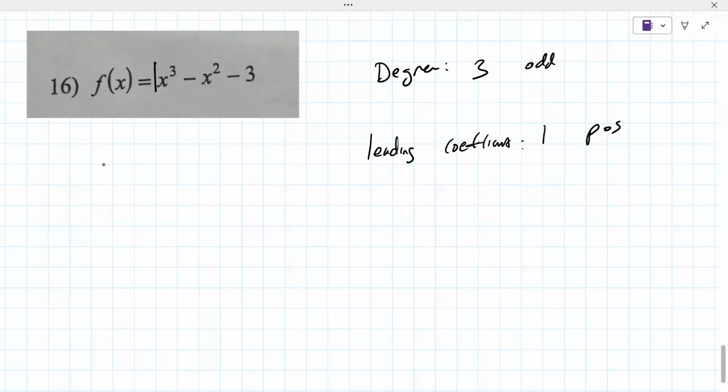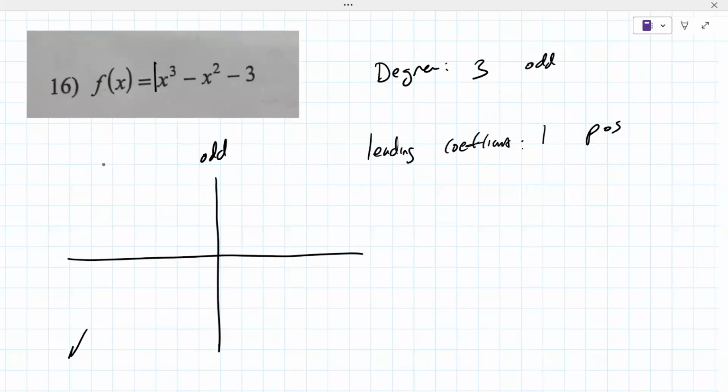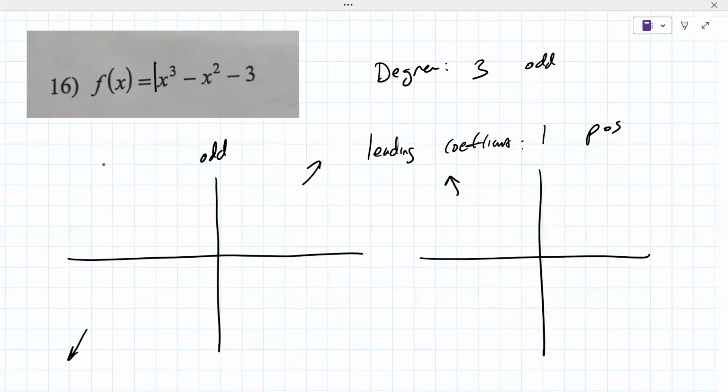Now, if you remember last night, I made 4 graphs. For the odd ones, it either starts low and ends high, or it starts high and ends low. These are both for odd graphs. The difference is the leading coefficient. This is a positive leading coefficient. This is a negative leading coefficient here. So which is yours?